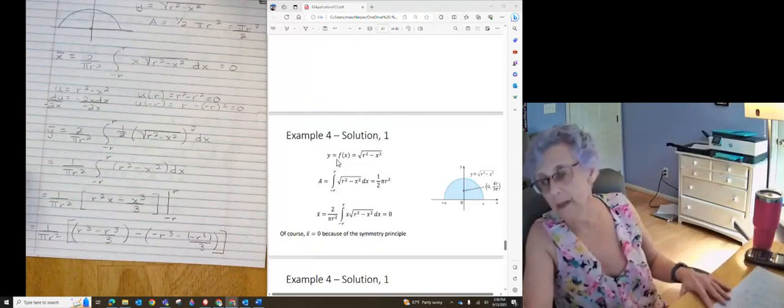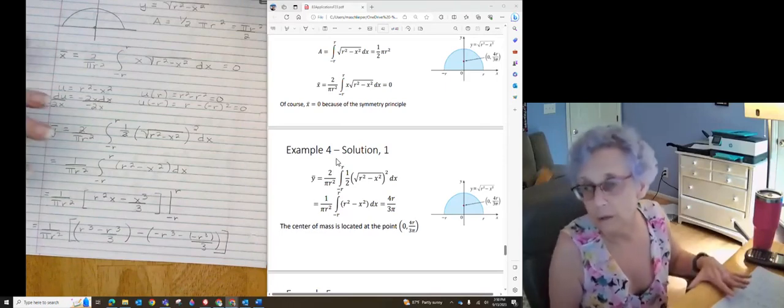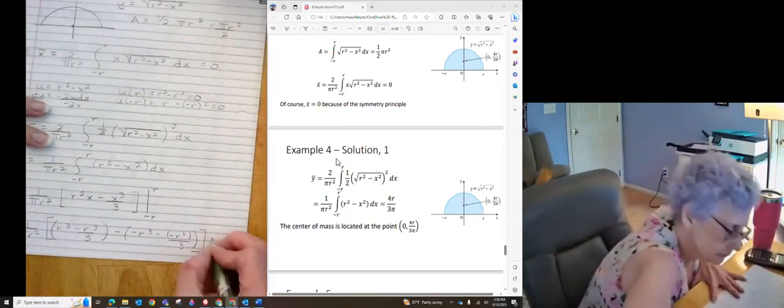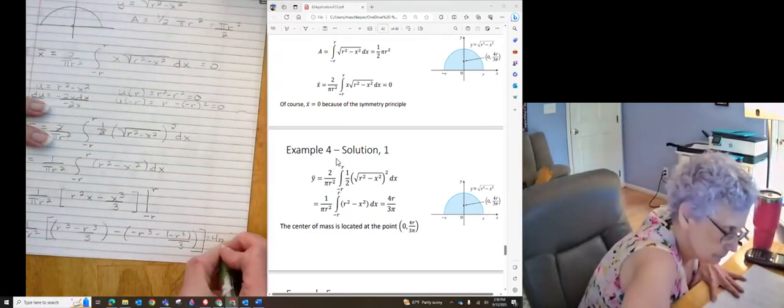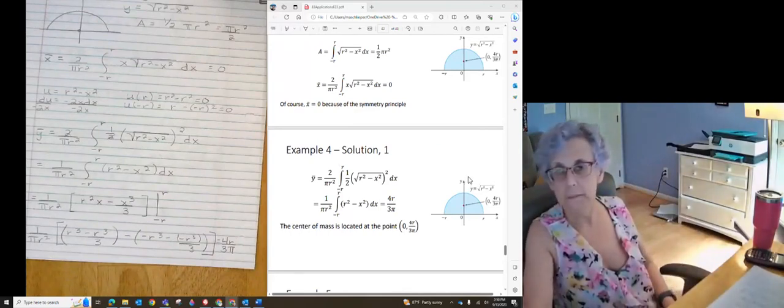And when you do the arithmetic on that, I'm just going to scroll down, we get 4r over 3 pi. And there's the pretty picture.